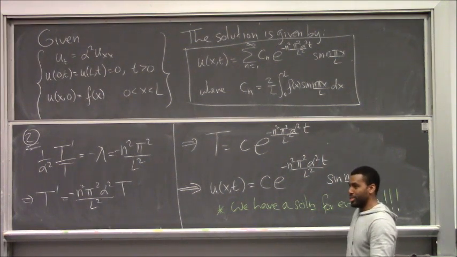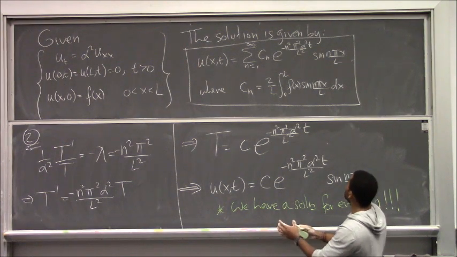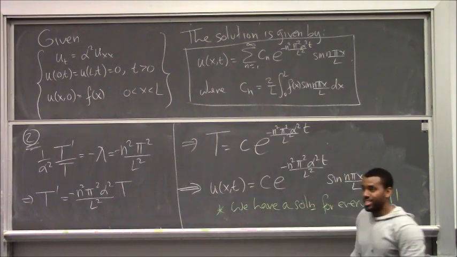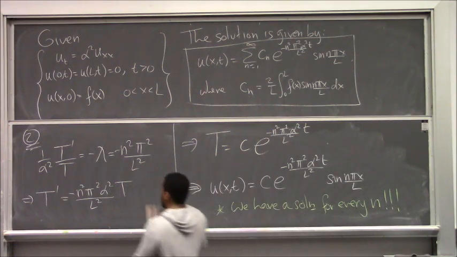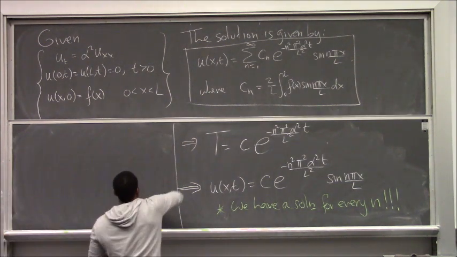And literally all you're going to do is take your answer from the Fourier series part and put it there, and you're done. Wow, really? Yeah, that's it. So let's actually look at a problem like that.